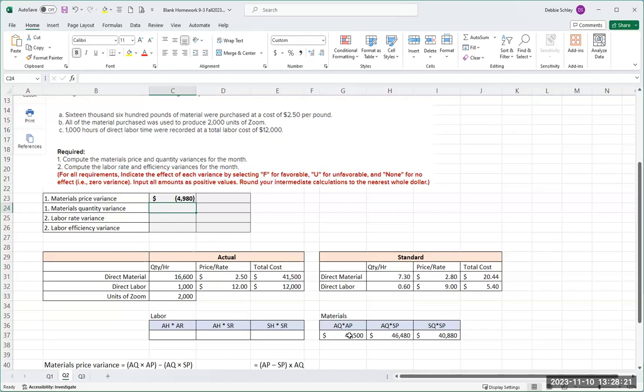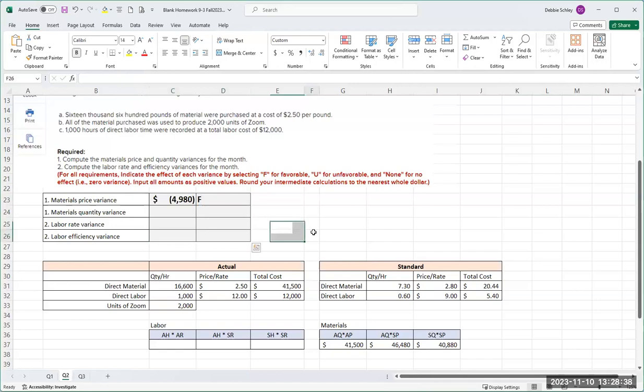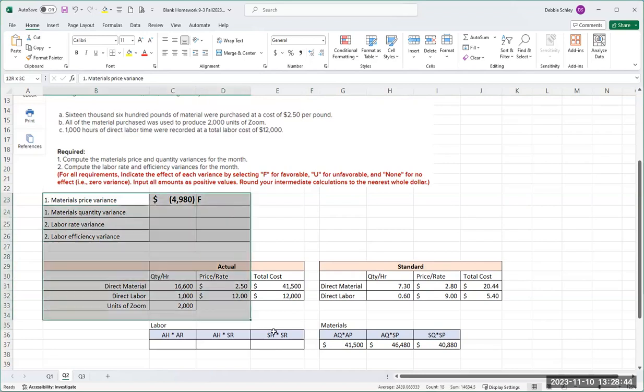Okay, here's my actual, here's my standard. What actually happened was less than my standard, so that is favorable. I'm gonna fix my, there we go, make that more readable. Actually, I should probably do that to all of this.